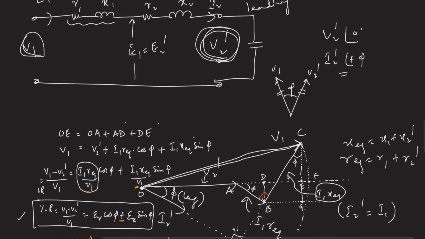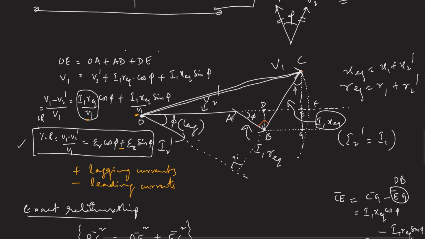If I make the percentage regulation zero, I will have this relation: ER cos phi is equal to minus EX sin phi.